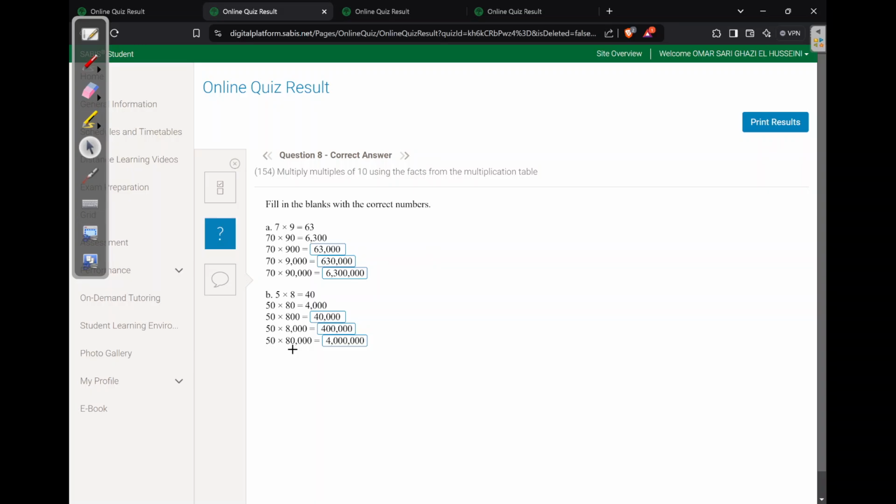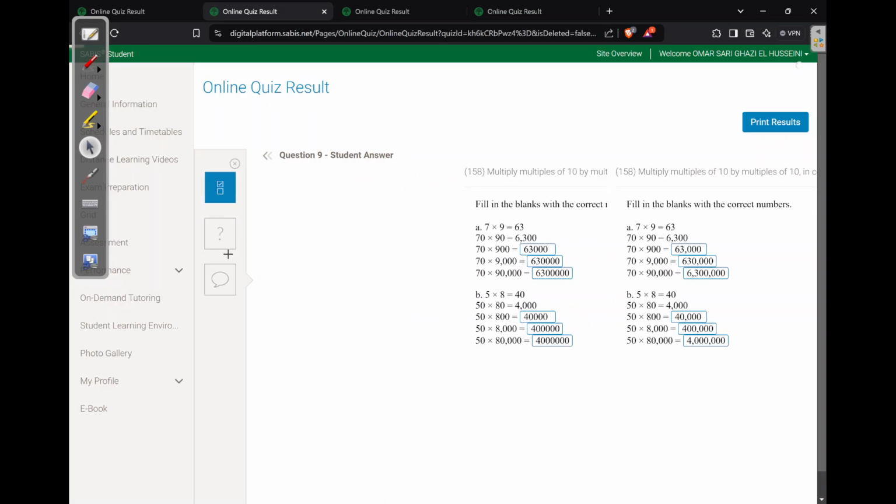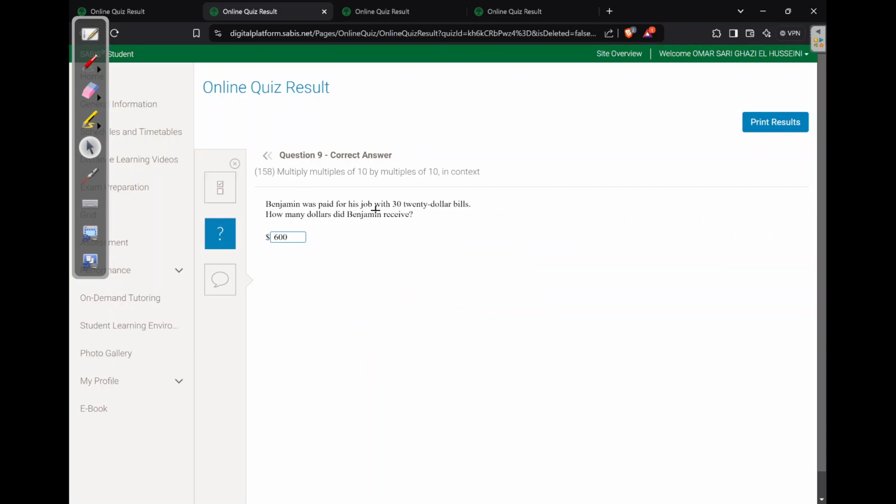There's 4 zeros here, and we added 1 zero, so the answer is 400,000. And 50 times 80,000, there's 5 zeros here, 1 zero alone, so the answer is 4 million.